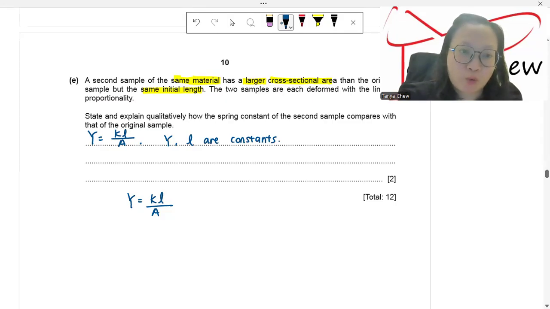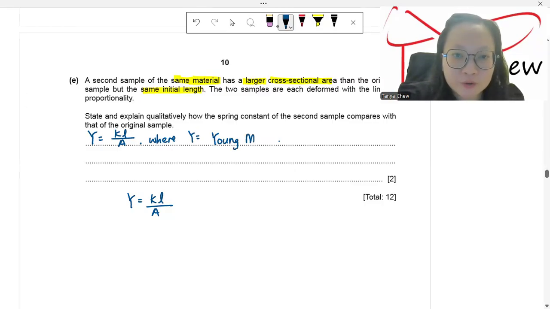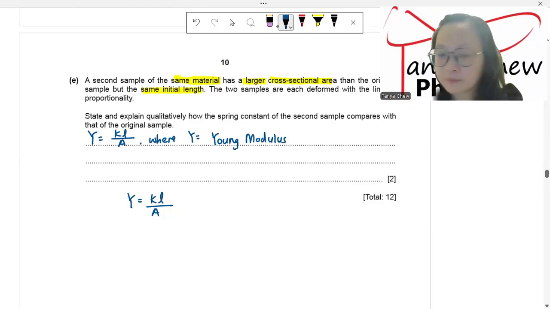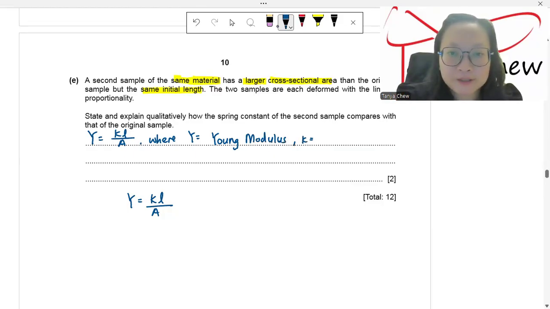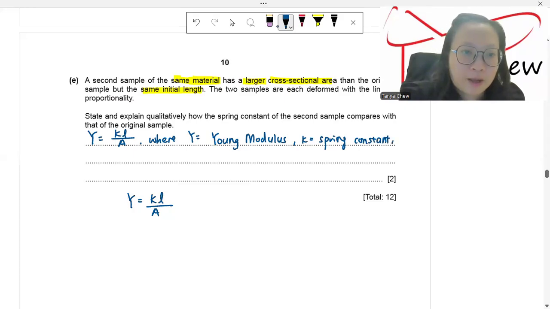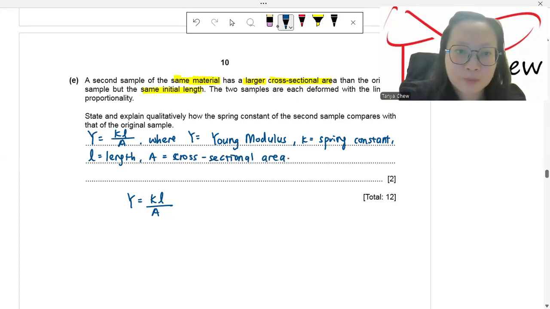Okay, I have to explain where Y is. Let me explain first. Where Y is Young modulus, K is the spring constant, L represents length, and A represents cross-sectional area.